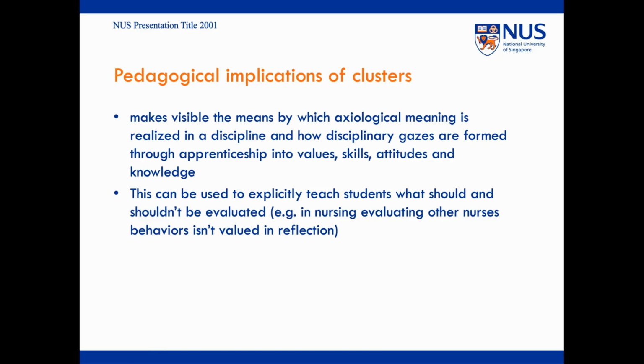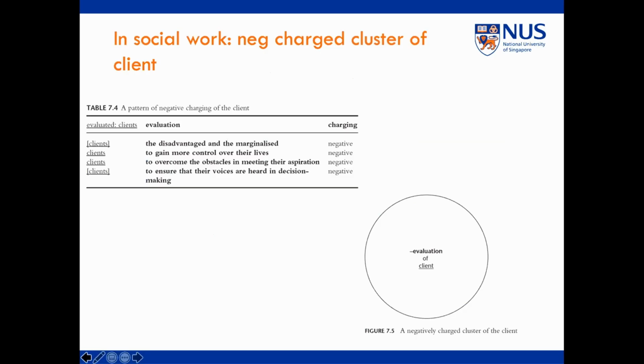Yes, my question also, I think, is similar to what Esther just explained, and also follows up on Lucy's question, how to determine the cluster. So through your presentation, can I interpret your cluster analysis like a cluster can represent a relatively general value because in each of your clusters, you're consistent in the target and the evaluation? For example, the social workers, the client, and the polarity of the charging, they are the same polarity.